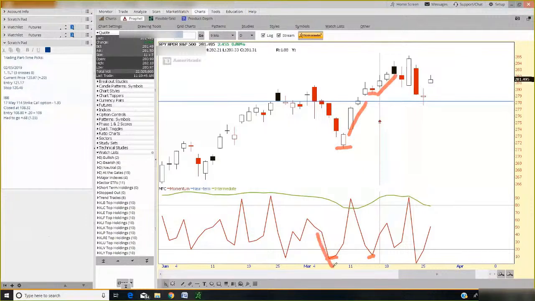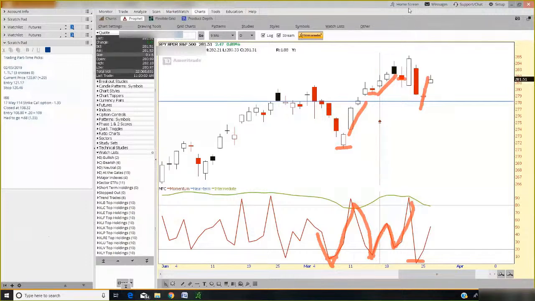Usually comes down, bounces, comes down, bounces, comes down, bounces. What did it do? It was down. What did it do? It bounced.